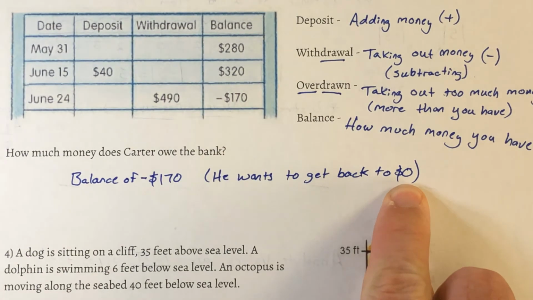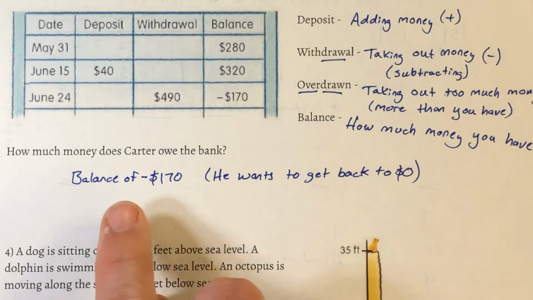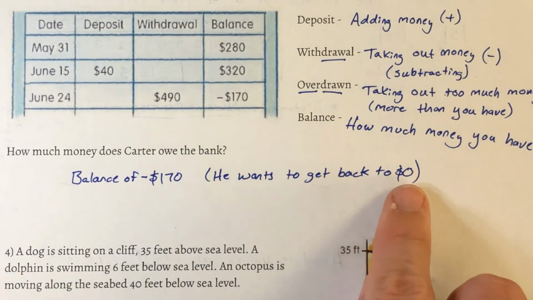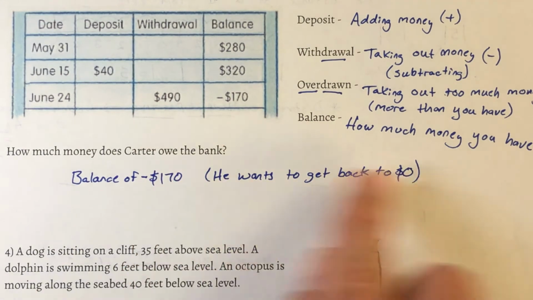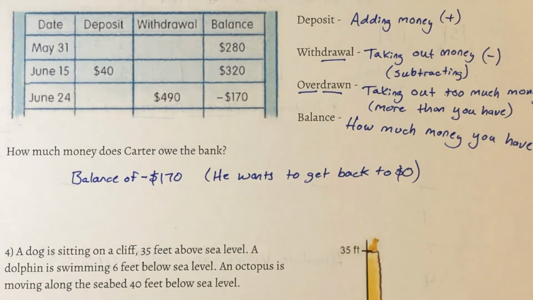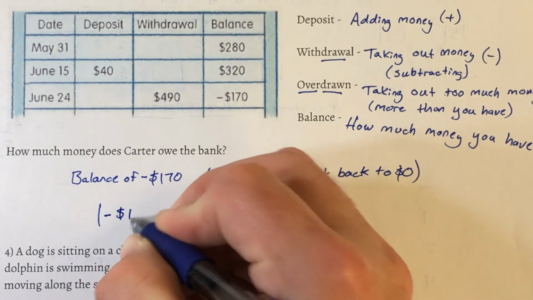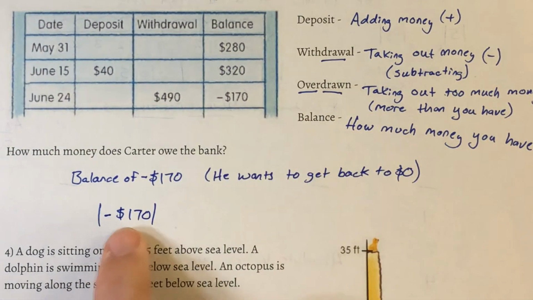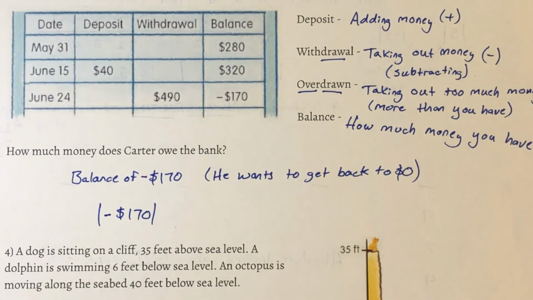Hopefully, he wants more than $0 because he wants money in the bank so he can spend and buy food and pay rent and all his bills and all of the other stuff he needs to do. Now, to get back to 0, I need to think, what's the distance of that number from 0? So in other words, we're going to find the absolute value of negative $170. And this will tell us how much money he needs to give back to the bank.